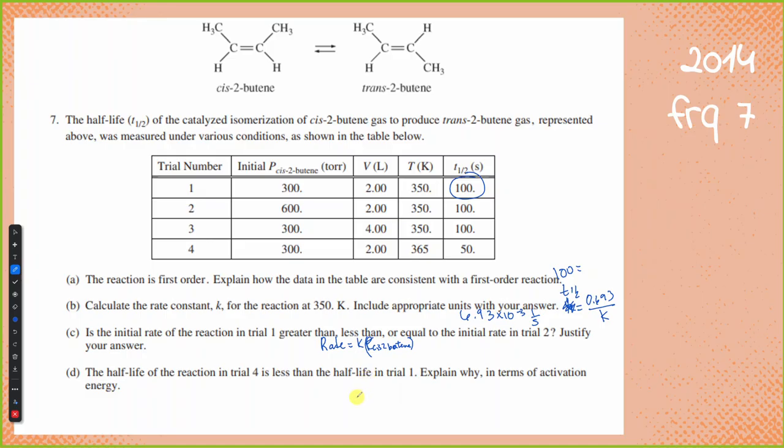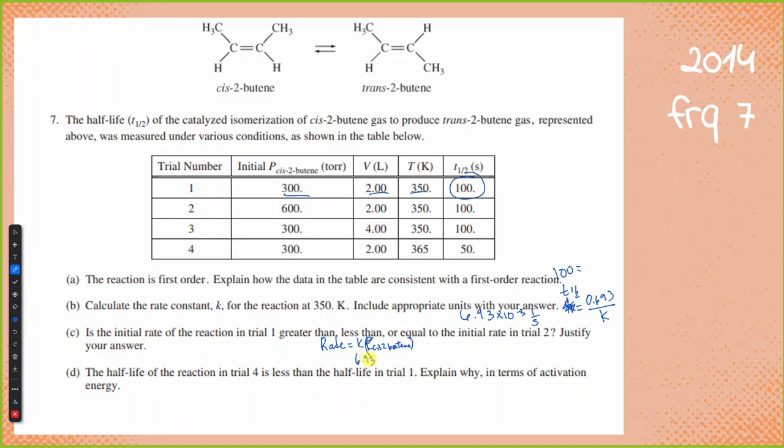I don't think they really want you to calculate the concentration, although they do give you volume, temperature, and pressure, so you can find the moles using PV equals nRT. And then if you wanted to find the moles, you could go with the concentration, but I think we could get the rates this way anyways.